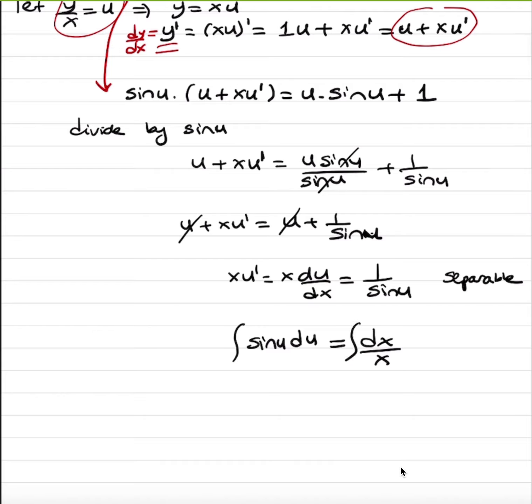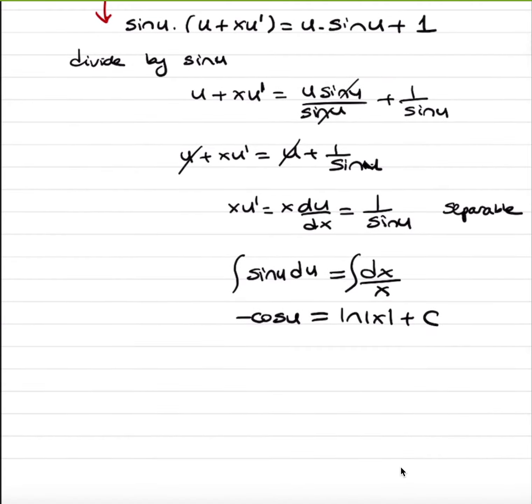Now we just integrate. What is the integral of sine u? It is minus cosine u, and we have ln x plus c. But don't forget to put y over x back. So cosine y over x is equal to ln x plus c.